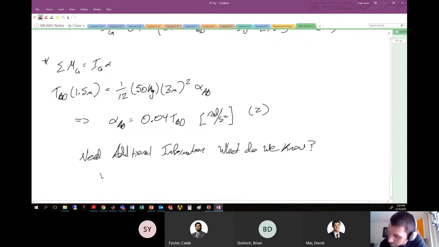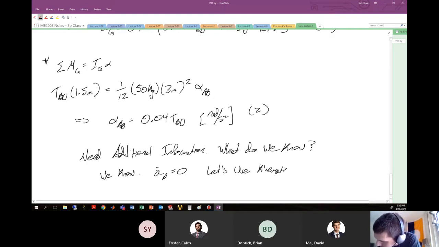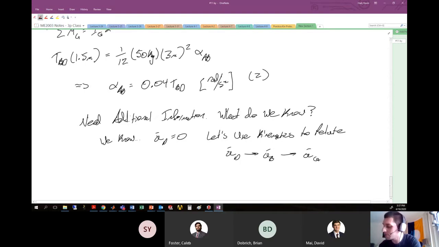So we know that the acceleration of point D is 0. That's because that point is stationary. So let's use kinematics to relate the acceleration of D to the acceleration of B, which we can then relate to the acceleration of the center of gravity of our object using our relative acceleration equations.